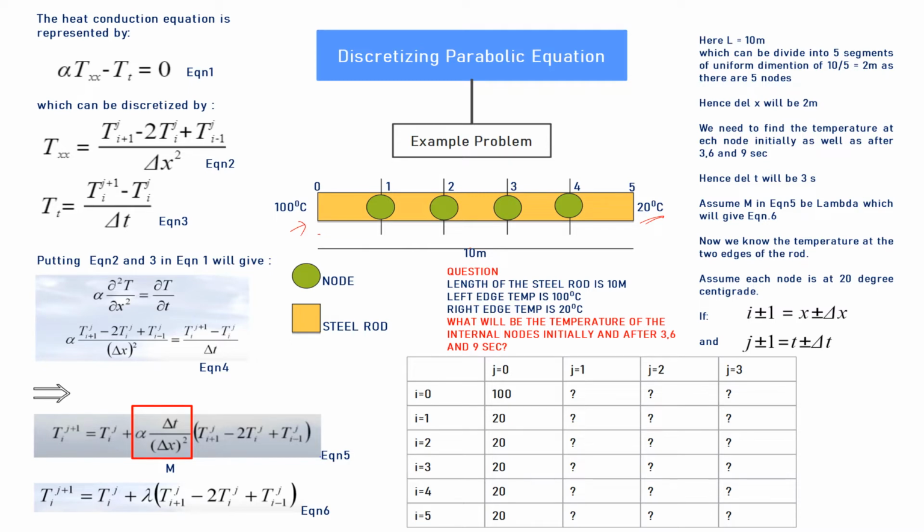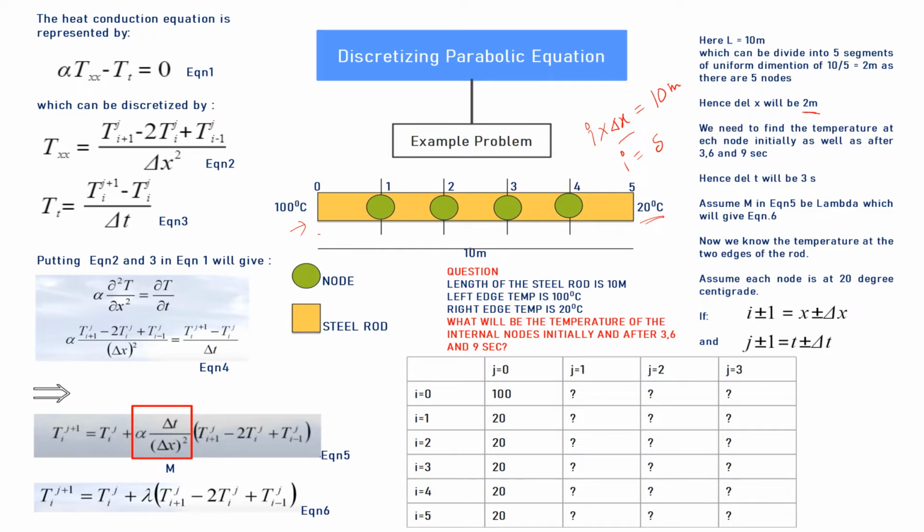I into del x will be equal to 10 meter. We are saying del x will be 2 meter, so I will be 5, so the total number of nodes will be 5, including the edge nodes.